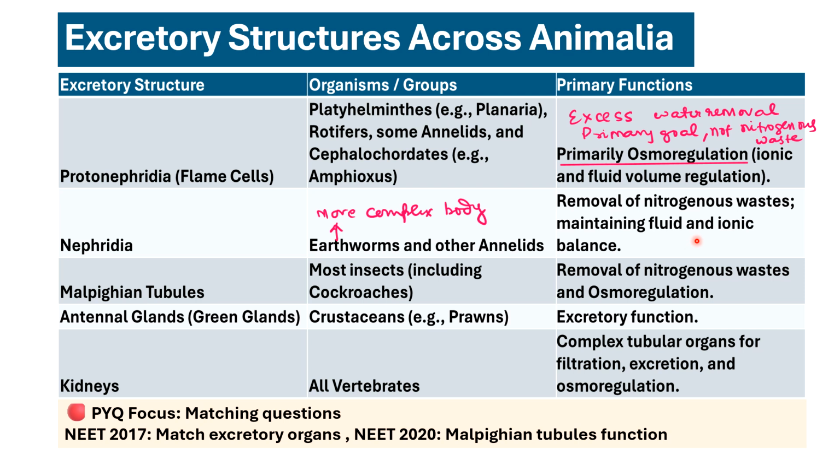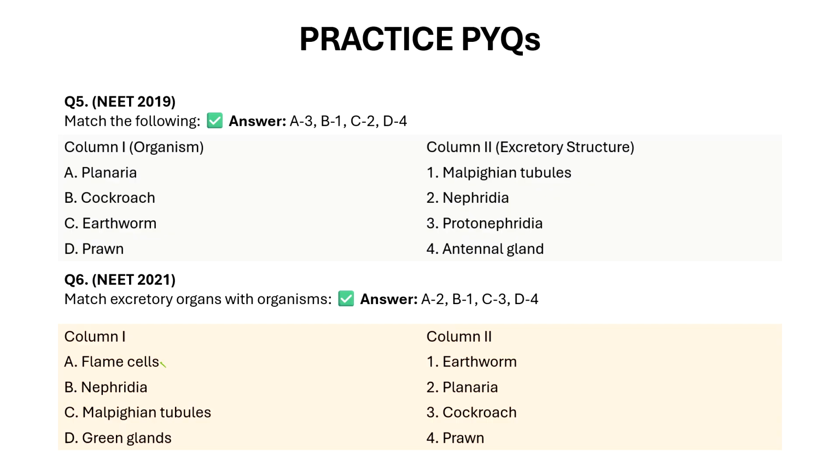Okay, let's look at some of the match the following questions in the next slide. So here let's match the following. We have Planaria, cockroach, earthworm, prawn. The answer would be Planaria. We know it is a primitive organism, an example of flatworm or platyhelminthes.